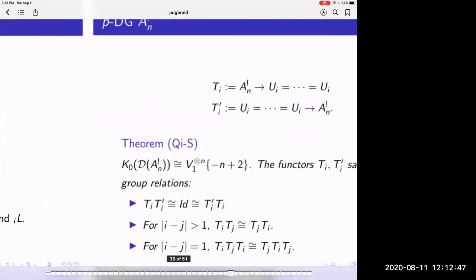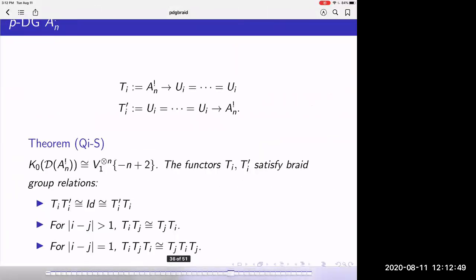Similarly, we have a braid group action. Like we did in the beginning part of the talk, we form this complex T_i, which goes from A_n shriek to U_i, and then we extend U_i p minus 1 times to make this a p-complex. And T_i prime goes the other way, from U_i extended p minus 1 times to A_n shriek. So these are two p-complexes. With Chiyu, we proved the following theorem a few years ago.